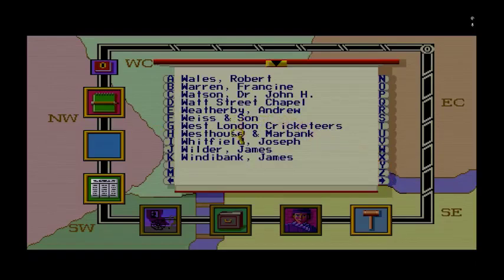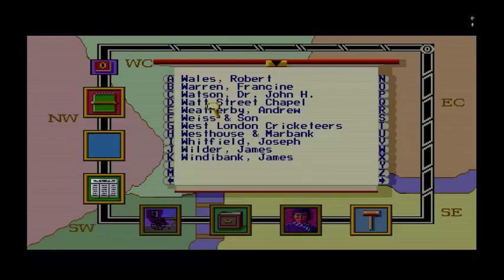Weatherby. Doesn't seem to have an entry. That's what I'm thinking of. Clarissa Weatherby. Well, didn't I just talk to her, that's right.